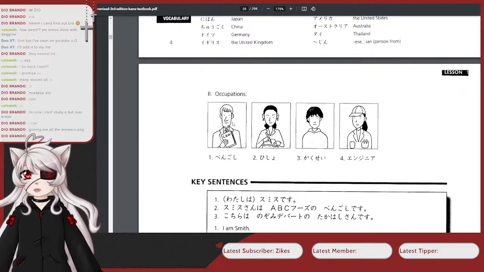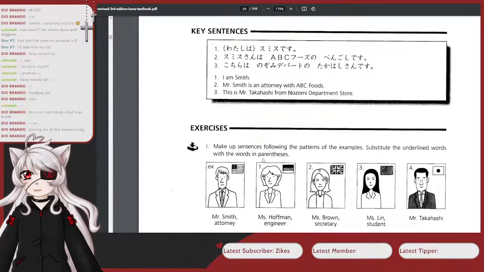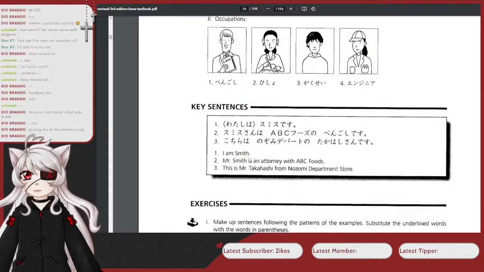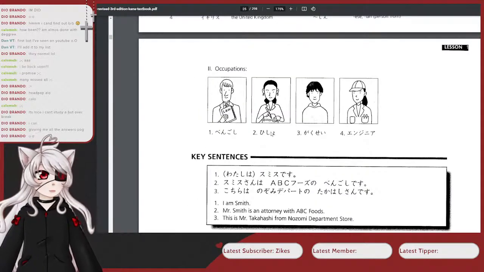So this person is a bengoshi, a lawyer or an attorney. We have a kisha.